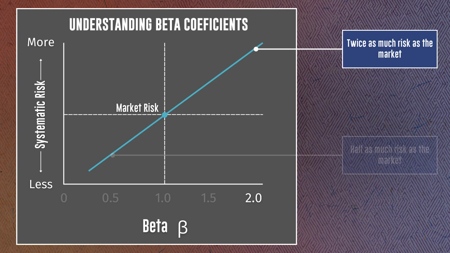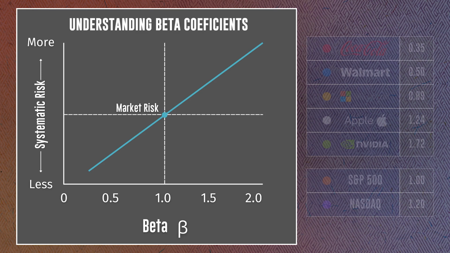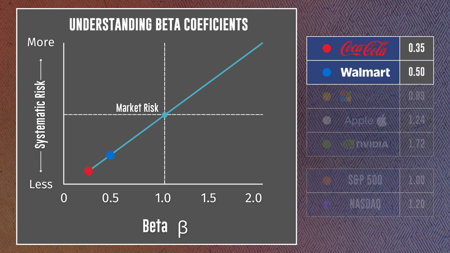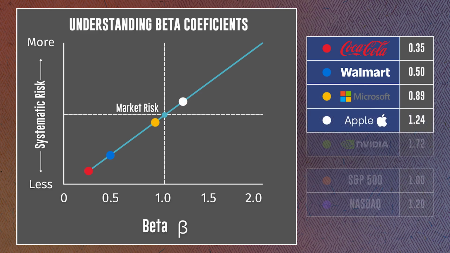Now let's move on to an example. In this chart, we've estimated betas for a few well-known companies to give you an idea of how this works. What you see is, currently, Coca-Cola has a beta of 0.35, Walmart a beta of 0.5, Microsoft a beta of 0.89, Apple has a beta of 1.24, NVIDIA a beta of 1.72.